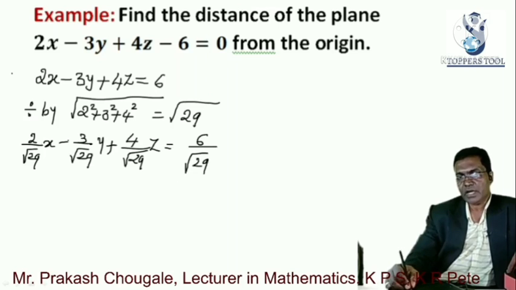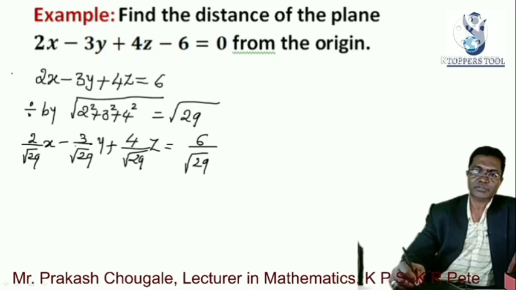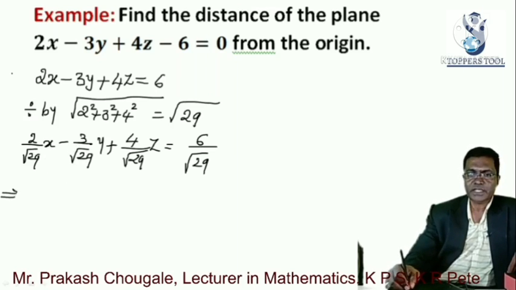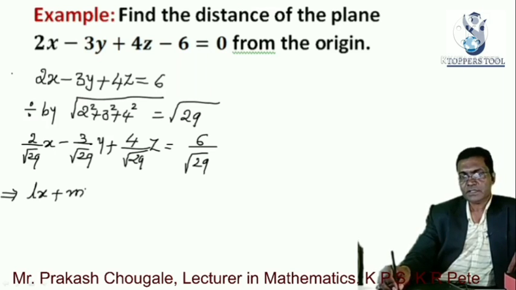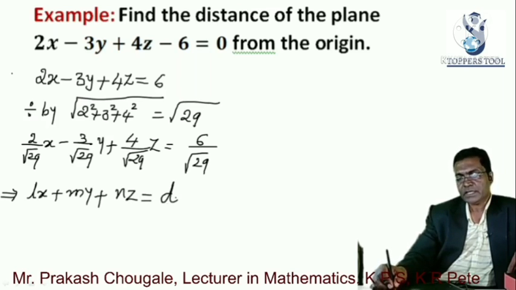Definitely if you square and add these coefficients, you will get 1. So this is in the form Lx plus My plus Nz equal to D.